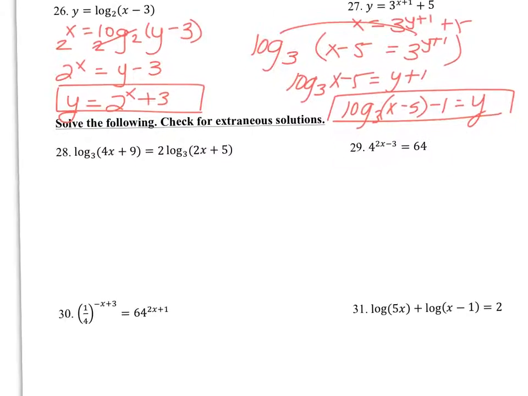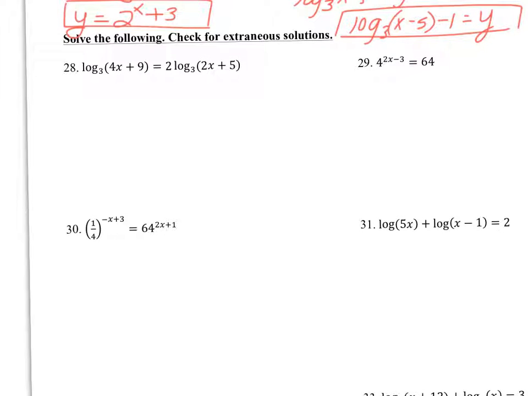Now I want to solve these problems. I see this 2, and I'm going to instantly make it an exponent. So I have log 3 of 4x plus 9 equals log 3 of 2x plus 5 squared. Because my bases are the same, if I raise 3 to both sides, they're going to cancel out.